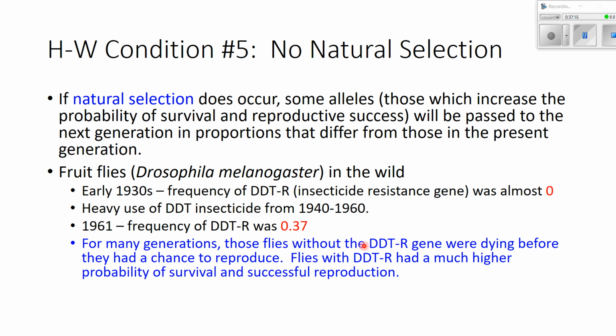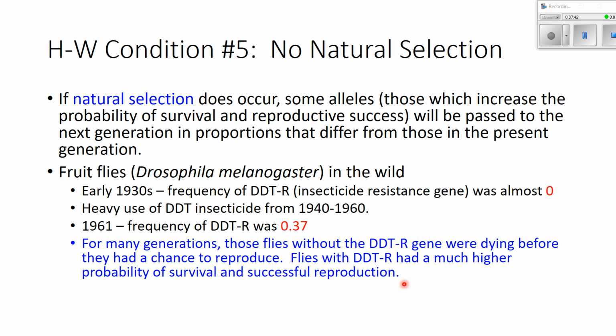For many generations, those flies without the DDTR gene were dying and not reproducing. But during that 30-year period, the flies that just happened to have the DDTR gene were surviving, living longer lives, reproducing more successfully, and passing down that DDTR resistance gene.